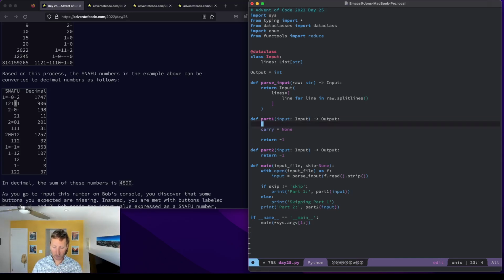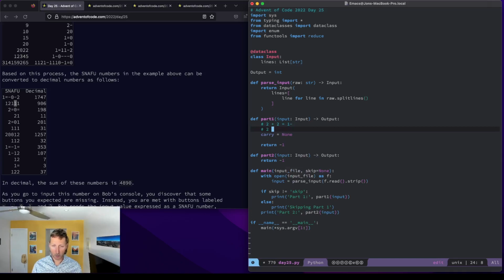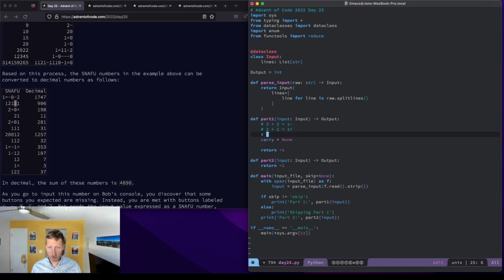So two plus 1 is 1 equal. And nothing else carries. Now what about minus plus minus?